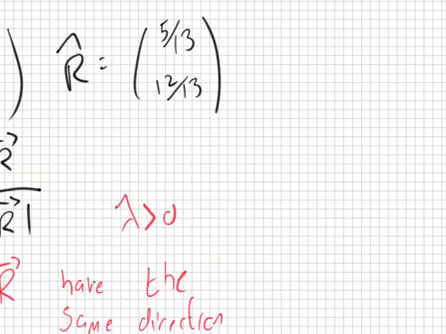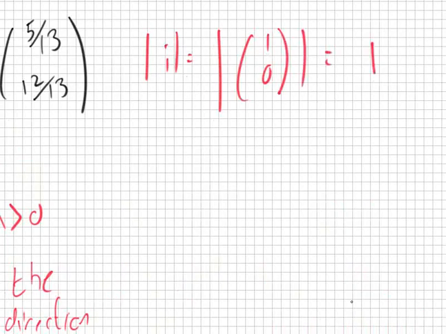They both have length of 1. So if you just did a quick check here, the length of I would equal the length of (1, 0), which would equal just 1. And likewise for J.